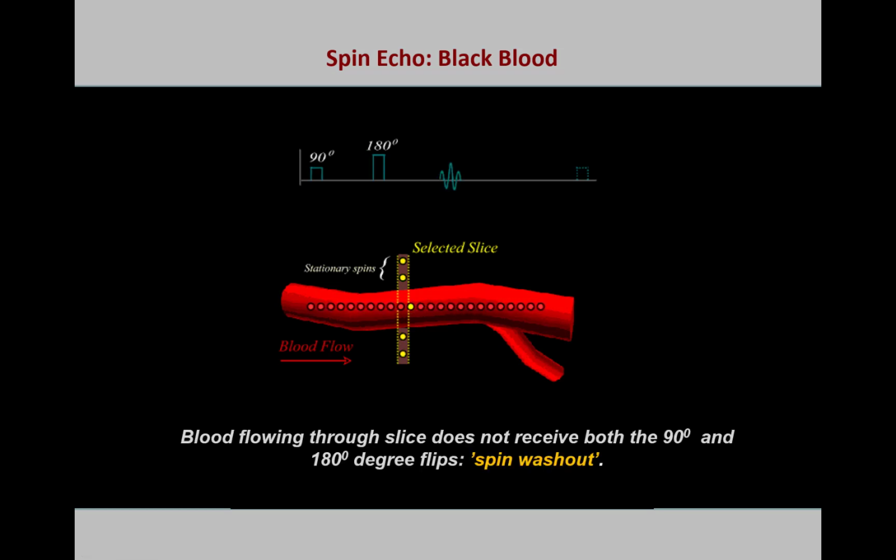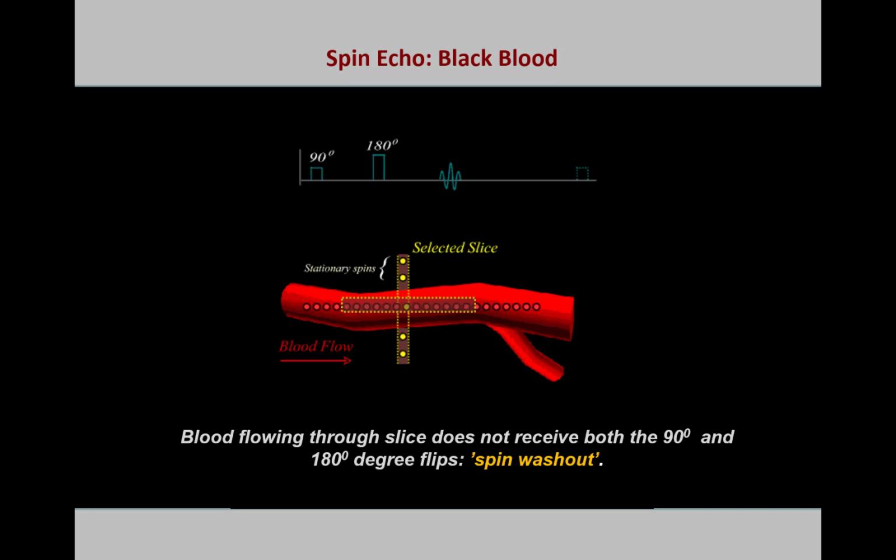Okay, so this seems like a nice simple technique, and the idea of black blood is quite good for getting us contrast with the vessel walls. But if we look at it a little more, we can see straight away that it has some limitations. Here we were showing a slice perpendicular or nearly perpendicular to the flow.